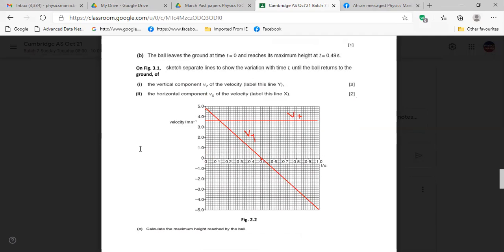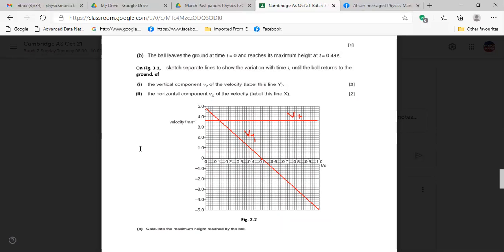So why would it be down? It's already given, right? 3.6. So how can it be at 3? Now it's clear to you? Yes sir. Okay, very good.